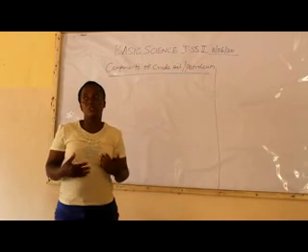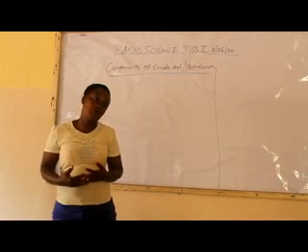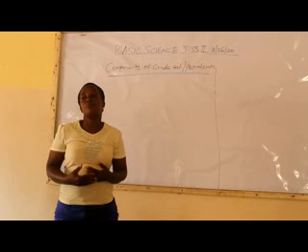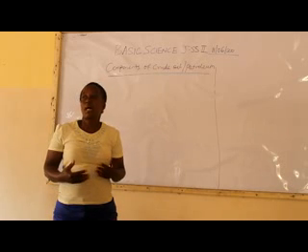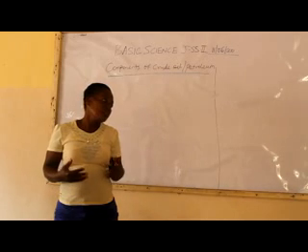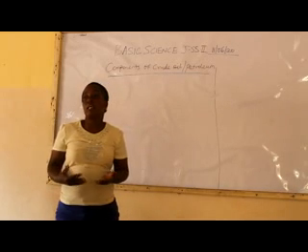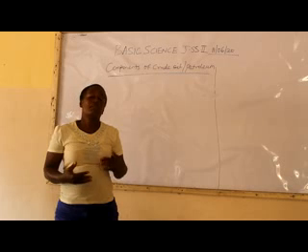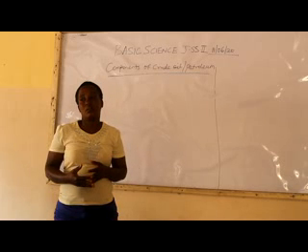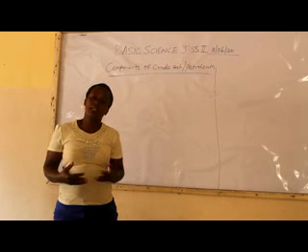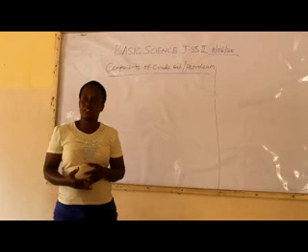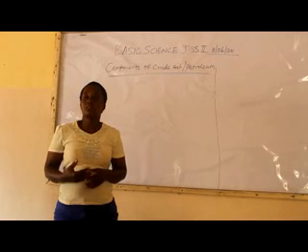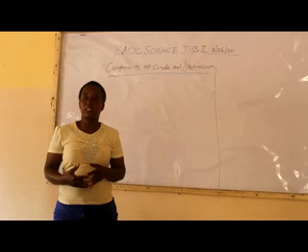I told you how the mineral is formed, that it is formed by the remains of dead plants and animals in the water. When the plants and animals in the water died, their remains accumulate in the rock bed or the seabed.